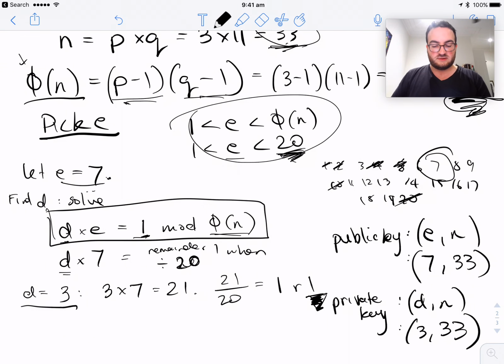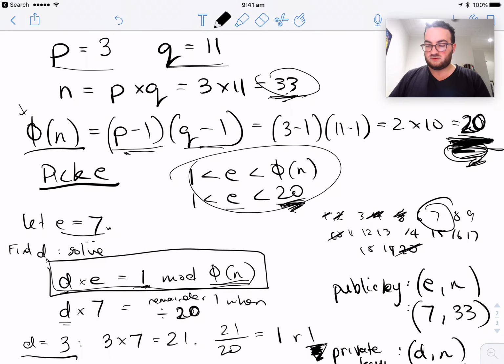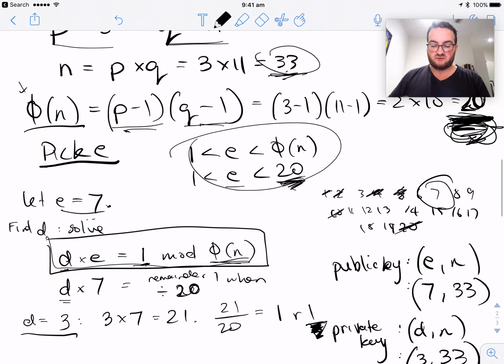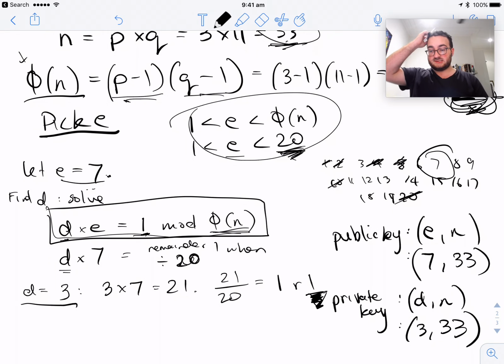Then just solve this formula: d times e, the decryption and encryption keys, when multiplied together and divided by Euler's totient, should only have a remainder of 1. And that's essentially the RSA algorithm.